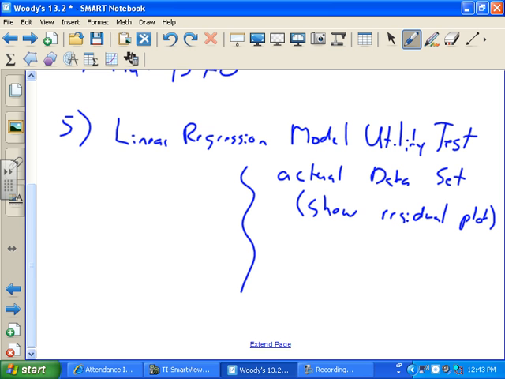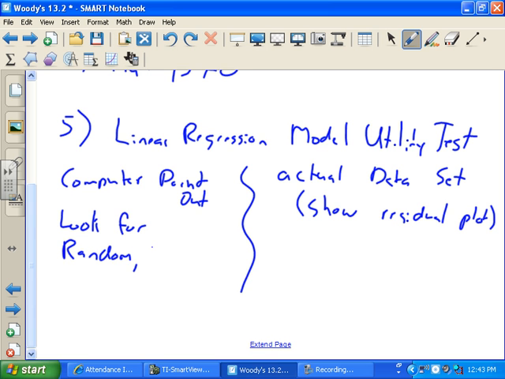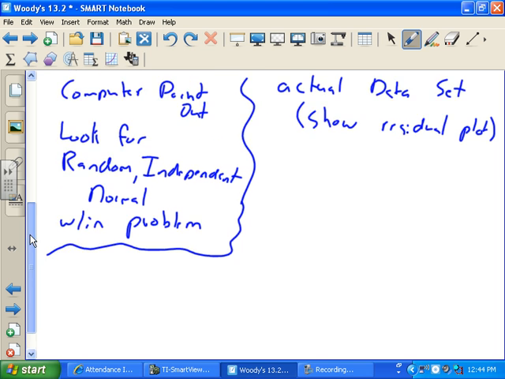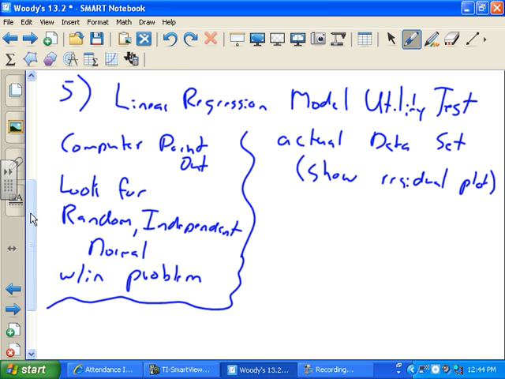If you don't have an actual data set, if you have a computer printout, look for random, independent, and normal within the problem, because there's no way to check your residual plot.